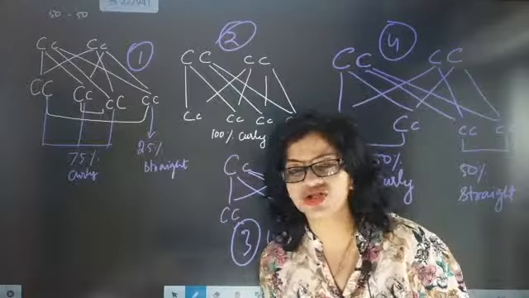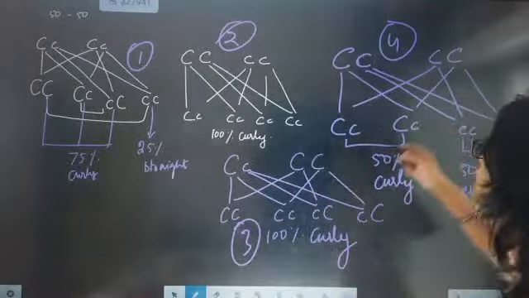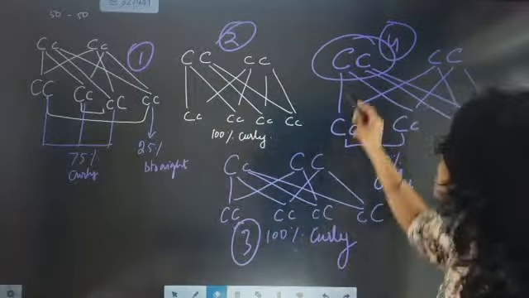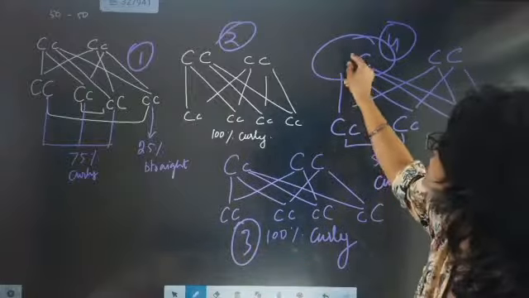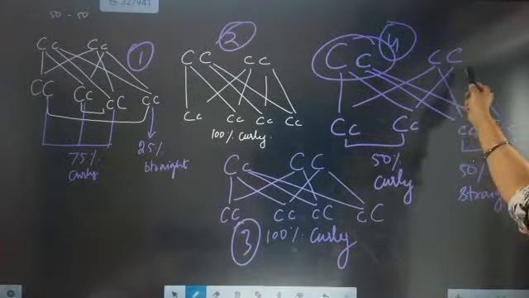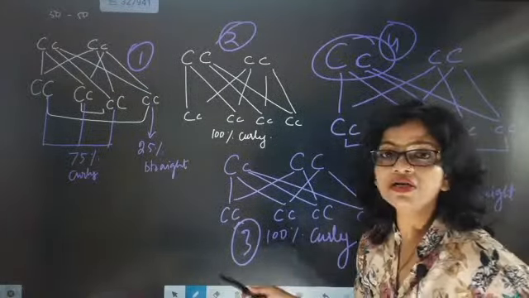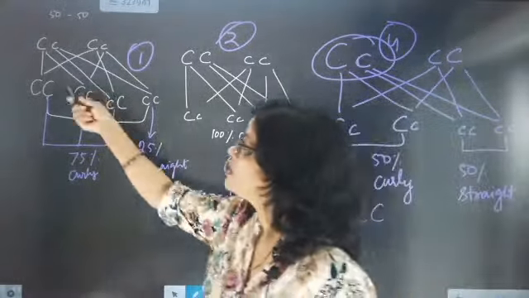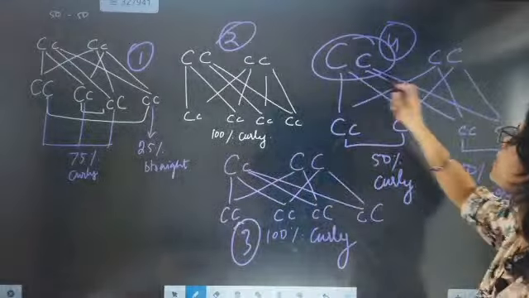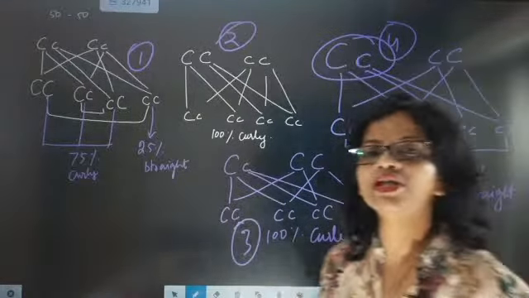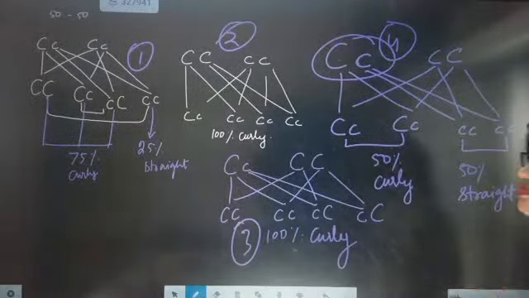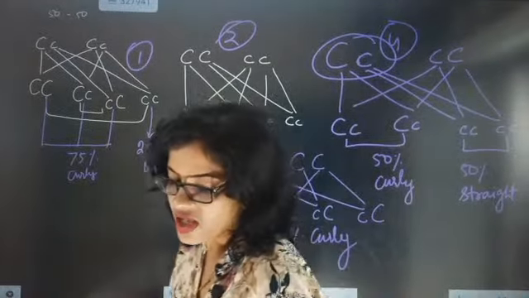Either she got a 50% chance, when one trait is dominant and one trait is recessive, or both parents are having dominant and recessive, meaning hetero. Here hetero is there, here hetero and homo, but homo of what type? Recessive type. And because of that she has the chance of having that type of hair.